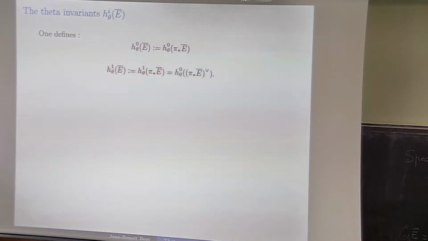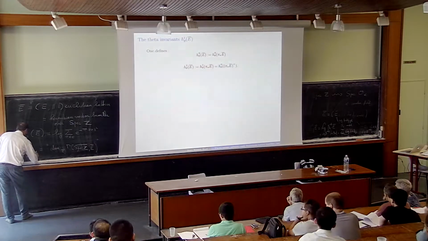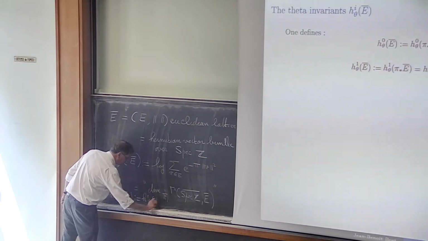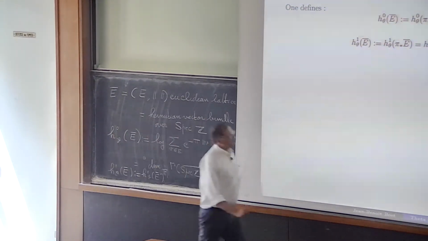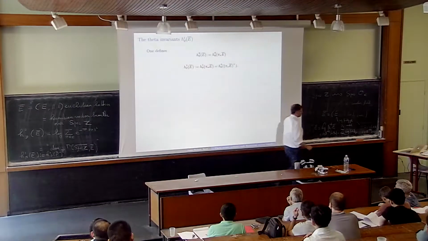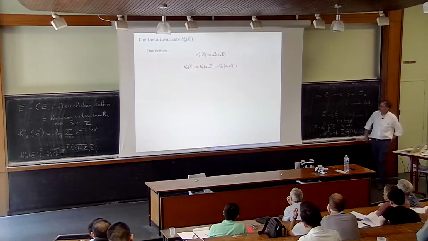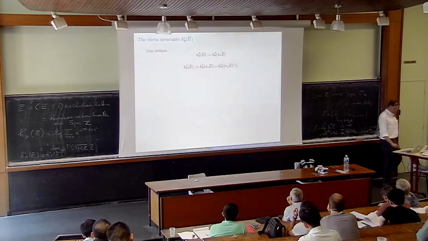You are directly led to define H1 as H0 of the dual. So altogether, you get these definitions for H0 theta and H1 theta of any Hermitian vector bundle over an arithmetic curve.